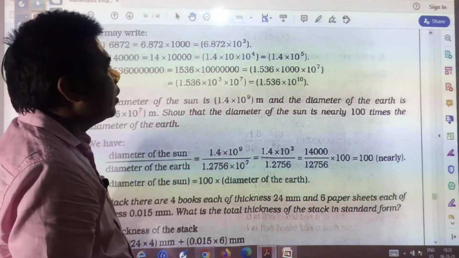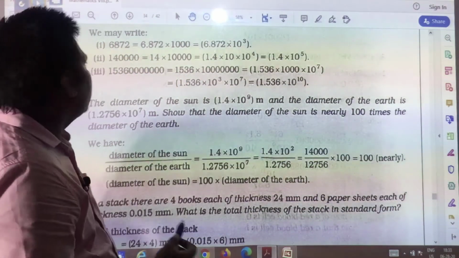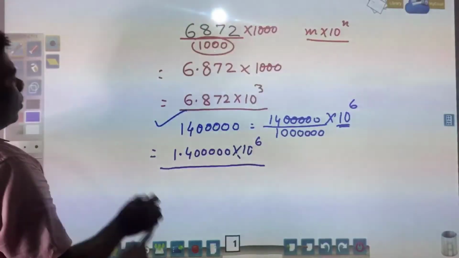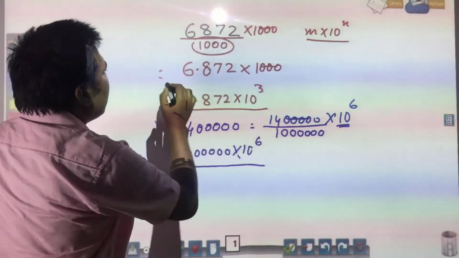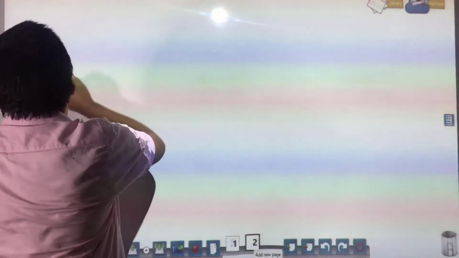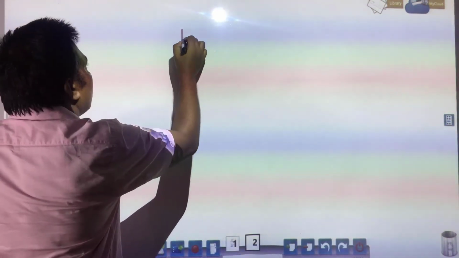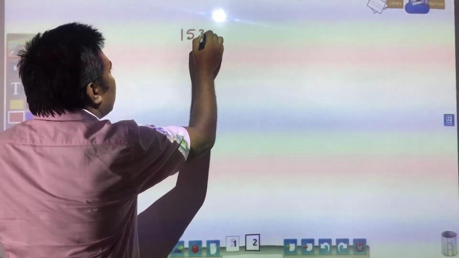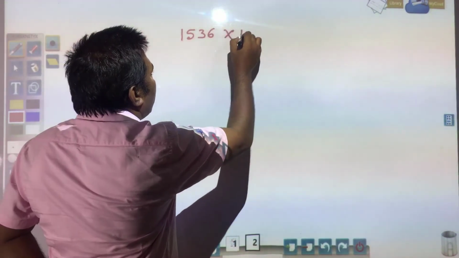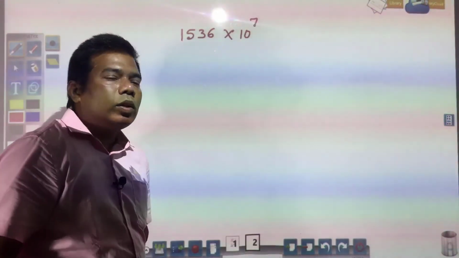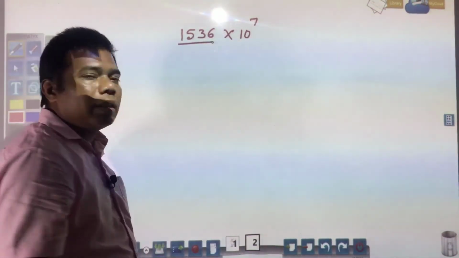Why has it been made? Here you see 1536 you have. So 1536 into 10 to the power 7 you have. So easy it is. Now again this is required to be changed.